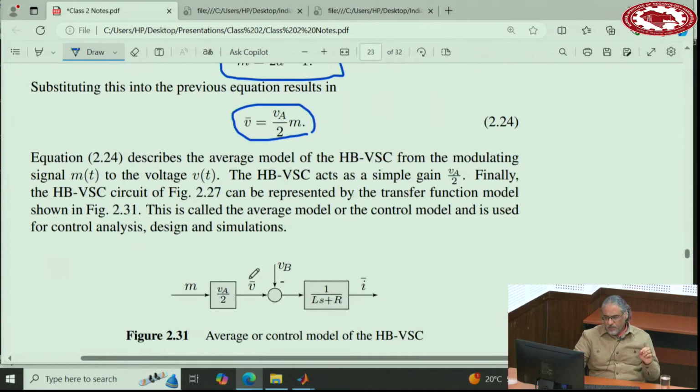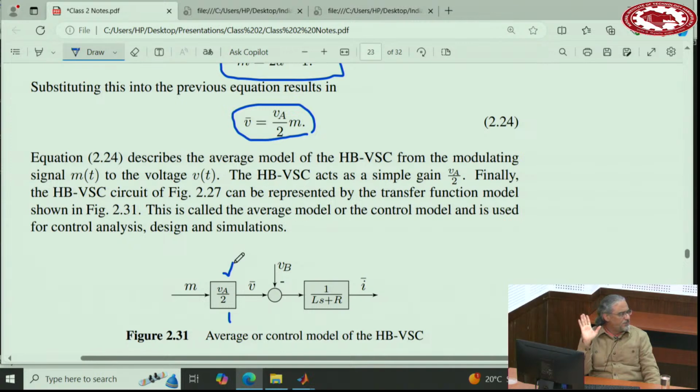Okay, so M times VA over 2, that is V bar, minus VB, divided by 1 over LS plus R, is I bar. So it is almost the same mathematical model, with the difference that we have VA over 2, and also another difference that this diagram doesn't show: in the previous diagrams for the buck and boost, the current is always positive.